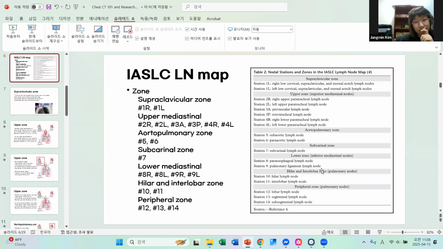I think you need to know these zones to know where to look when you look at reports. That's the main function of knowing the stations. The pathology reports also mention stations a lot, like lymph node number 10, number 11. You need to know where they took out the lymph node from so that you can look for FDG uptakes in follow-up PET CTs.